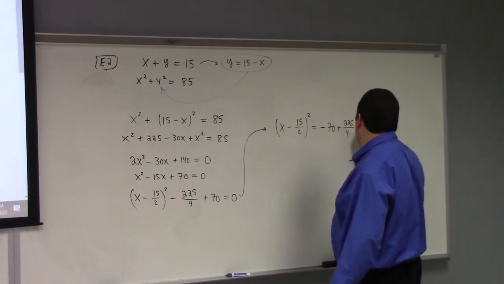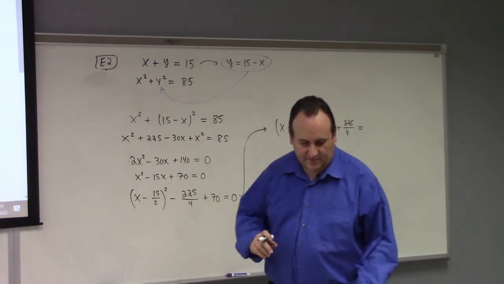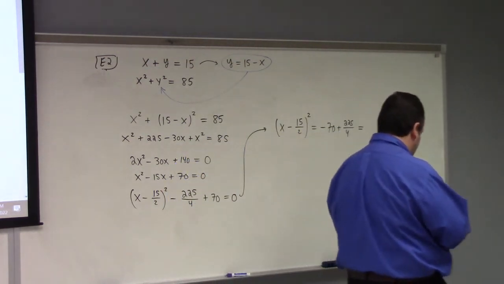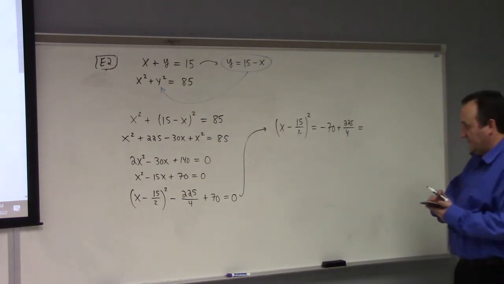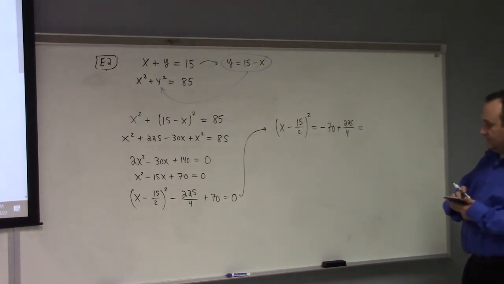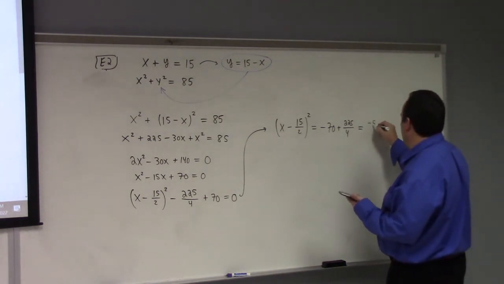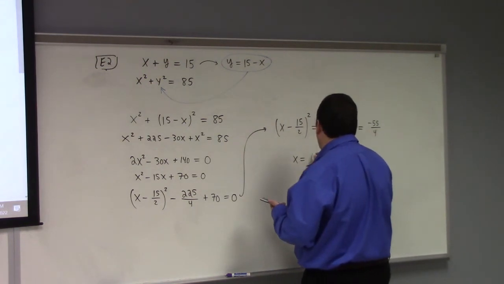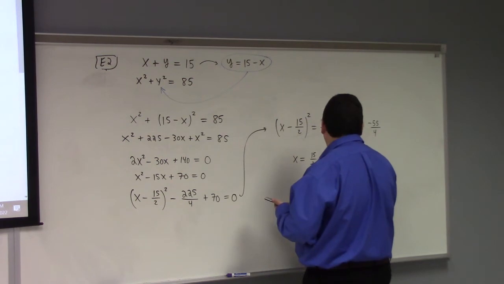Now let me just use my calculator there for a second. I mean, you could work it out. It's minus 280 plus 225, which is, all right, let me stop that. You guys probably should use your calculator for that. Minus 70 plus 225 divided by 4 gives us minus 55 over 4, which then gives me x is equal to 15 over 2 plus or minus i times the square root of 55 over 2.